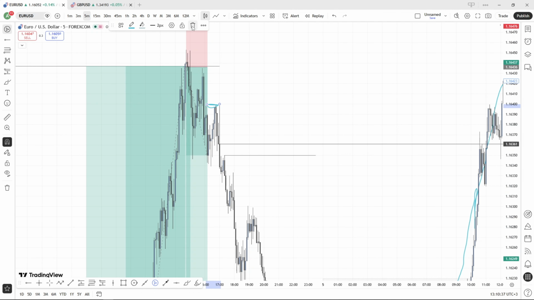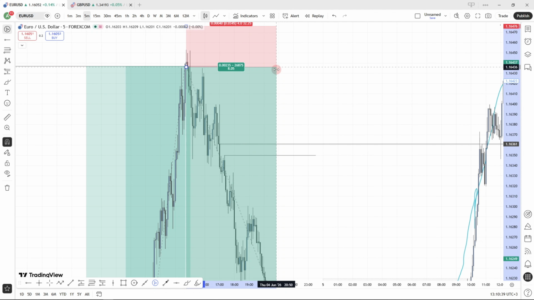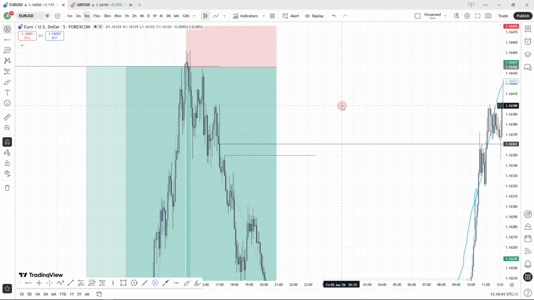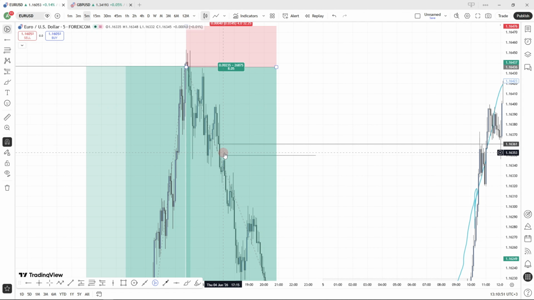We have relatively equal high liquidity, relatively equal low liquidity, and the internal range liquidities, which are in the form of fair value gaps and stuff.